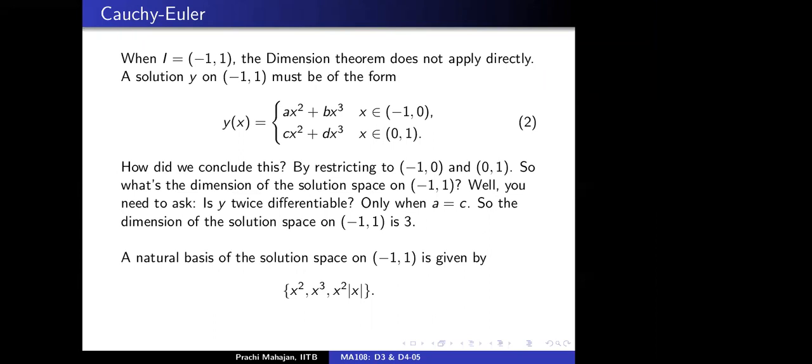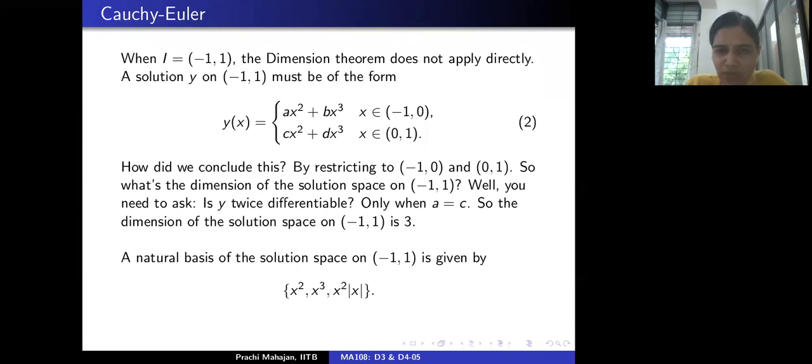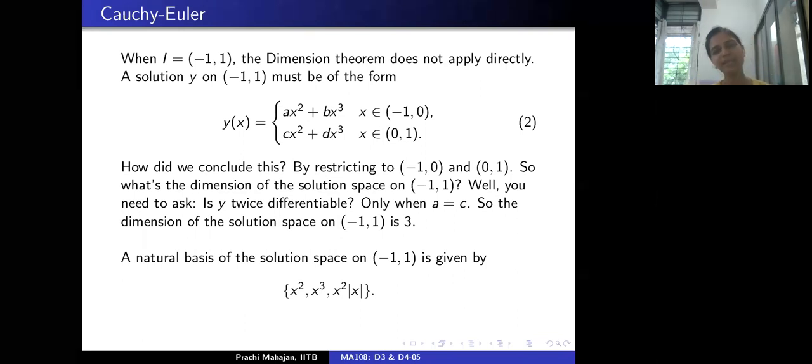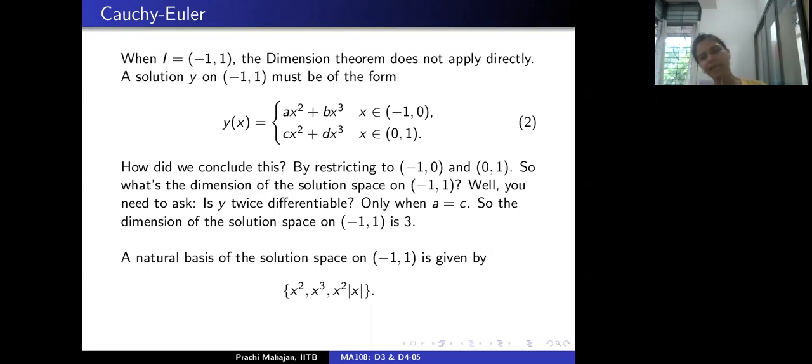So do you all agree each of these functions is actually a solution to the given ODE on the interval -1 to 1? x square is, x cube is also. How about x square times the absolute value of x?